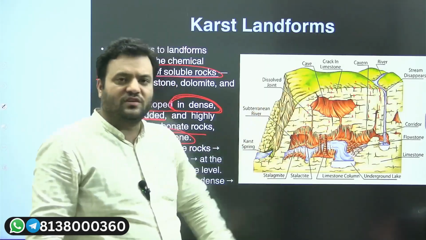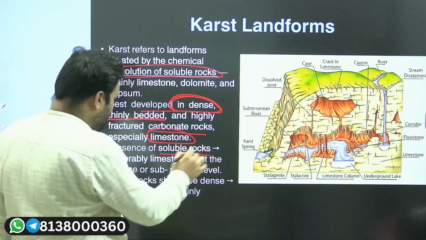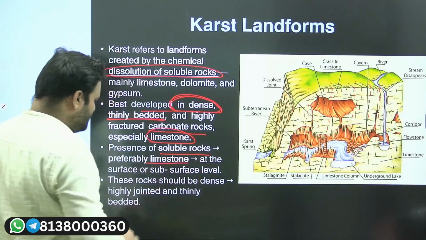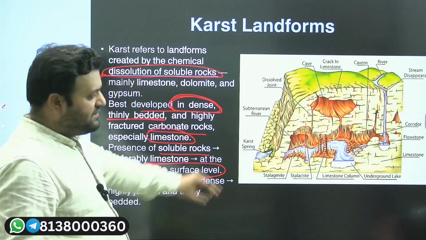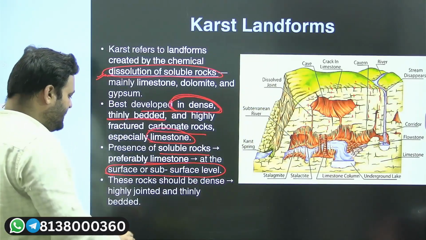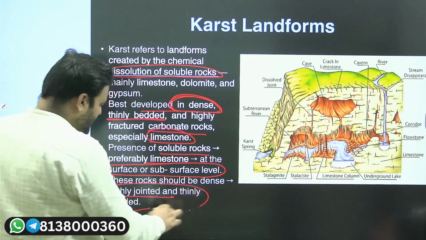as a result of this, erosion and deposition will take place. Whenever we have these soluble rocks, limestone specifically, at the surface and subsurface level, there will be water which leads to a highly erosional aspect.